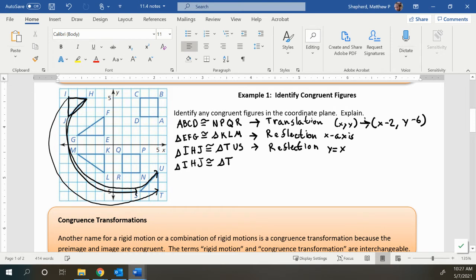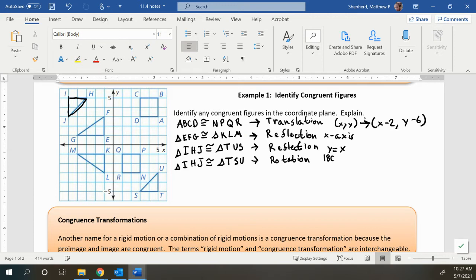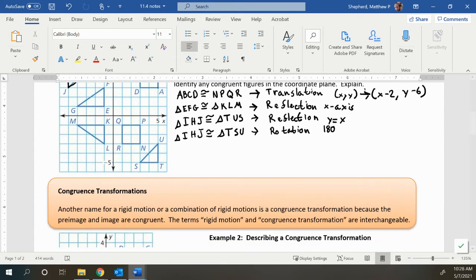I still goes to T, but H had gone to S. So we do T, S, U. Okay, and that is a rotation of 180 degrees. Okay, all right.